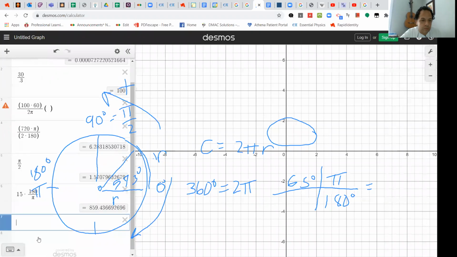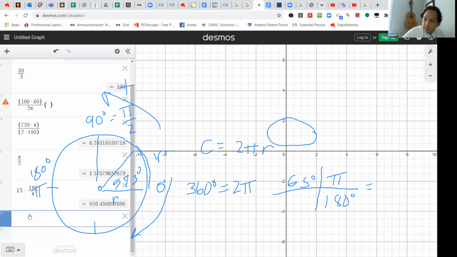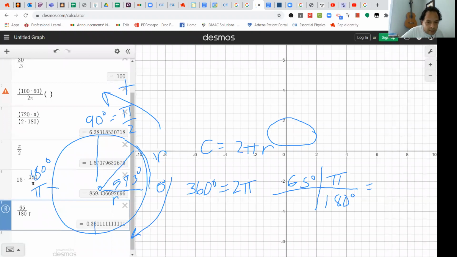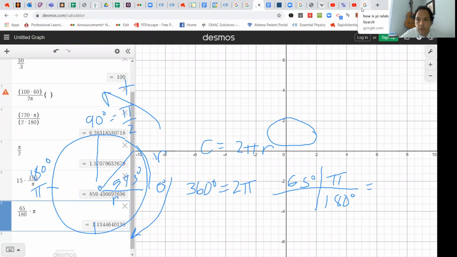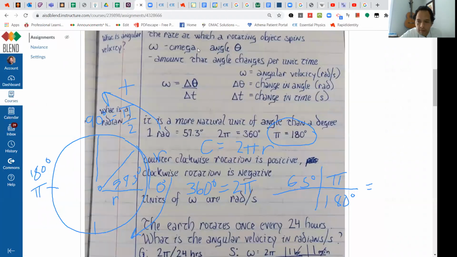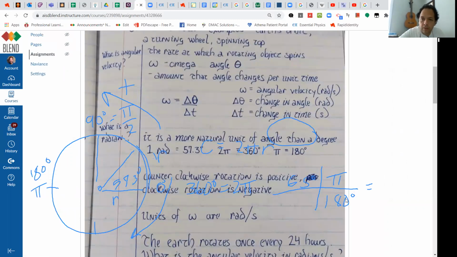I was doing some of the work. 65 divided by 180, 0.36 pi, but what if I multiply times pi? So I got 1.13 radians. So annotate, that's 1.13 radians. So 65 degrees is the same thing as 1.13 radians.